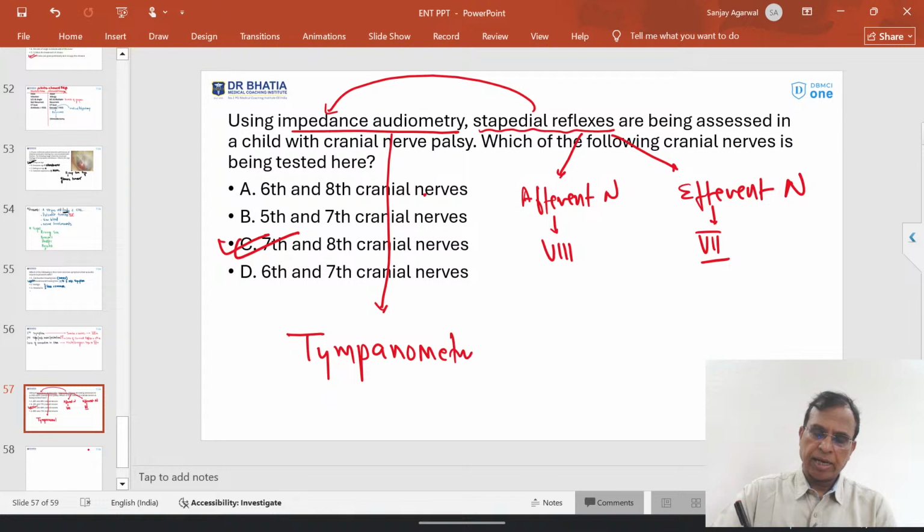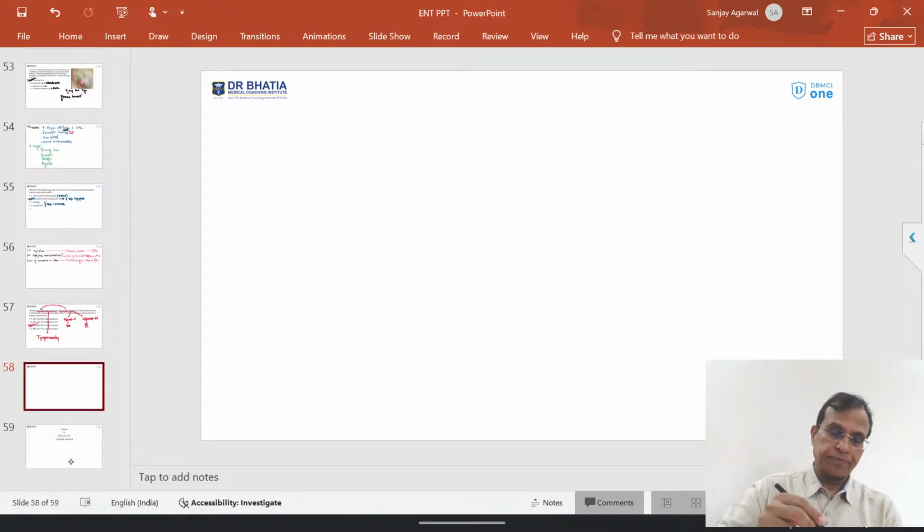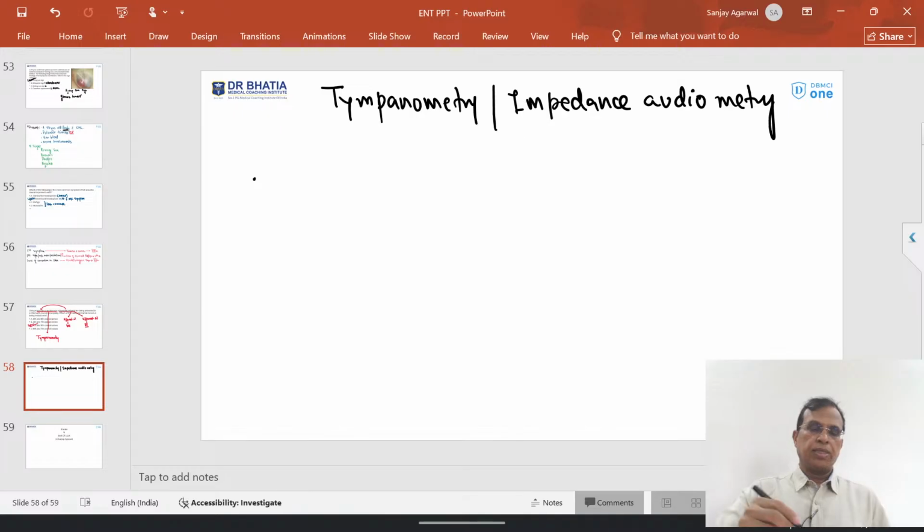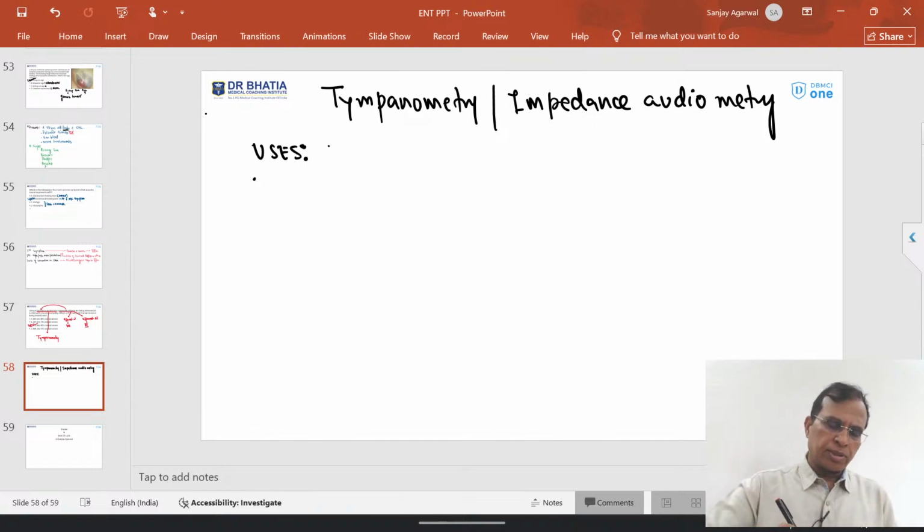Tympanometry and impedance audiometry are same thing. ये एक ही चीज है, इनके 3 यूजेस होते हैं, 3 यूजेस. 1, diagnose middle ear diseases.